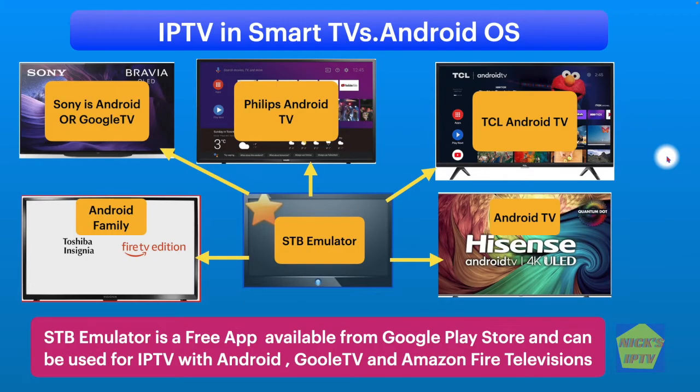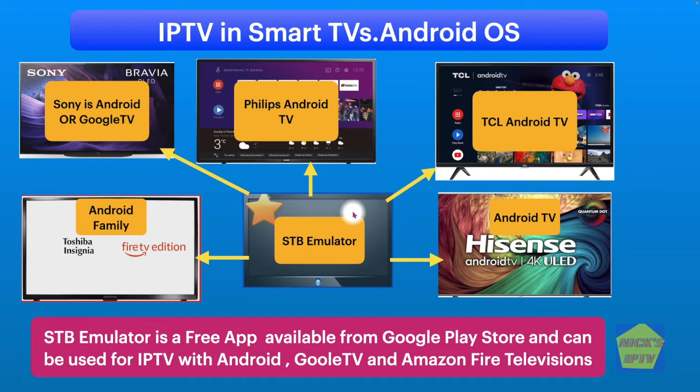So how do I start IPTV on a smart television? If you have Android TVs like Sony's Android TV, TCL Android TV, Hisense, and Insignia Toshiba Fire TV edition, which is also in the Android family of televisions, you don't need a box. You can download STB Emulator from the Google Play Store and install it on your TV to run IPTV services.